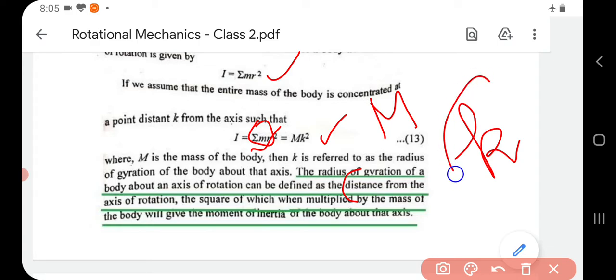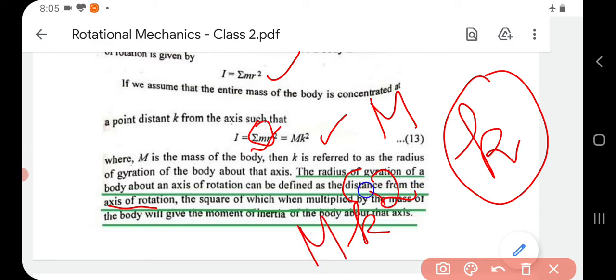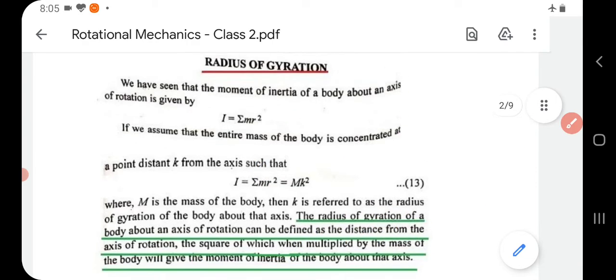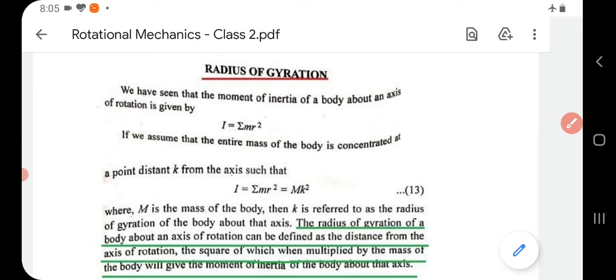So k is the radius of gyration and it is nothing but the distance from the axis of rotation, the square of which when multiplied by mass, that is M k square, will give you the moment of inertia I of the body about the axis. That is the whole paragraph you have to write when you are asked to define radius of gyration.